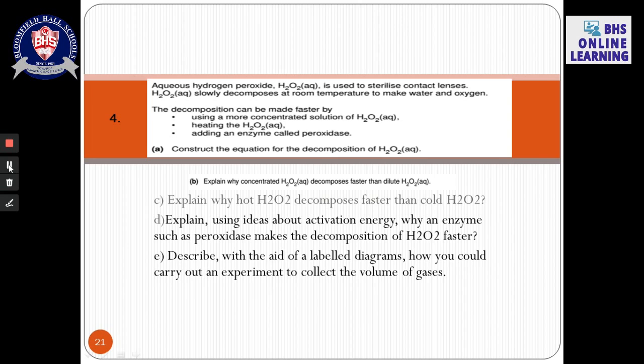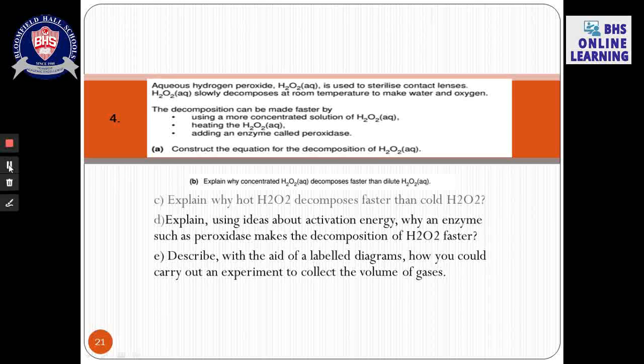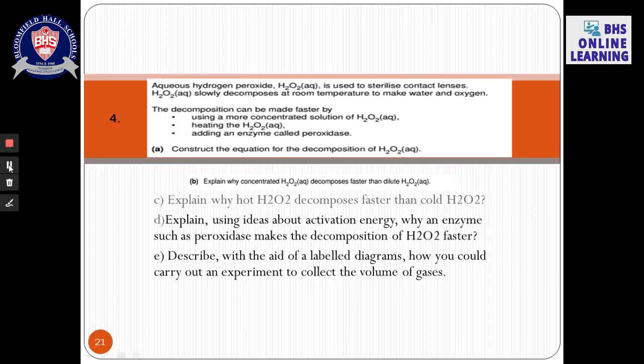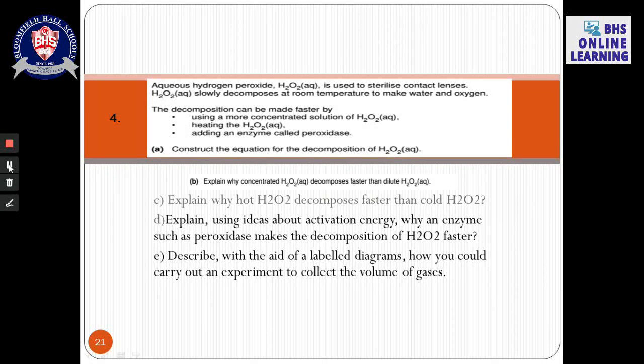Aqueous hydrogen peroxide H2O2 is used to sterilize contact lenses. H2O2 slowly decomposes at room temperature to make water and oxygen. Decomposes means it breaks down. Okay, so it slowly breaks down at room temperature to make water and oxygen.